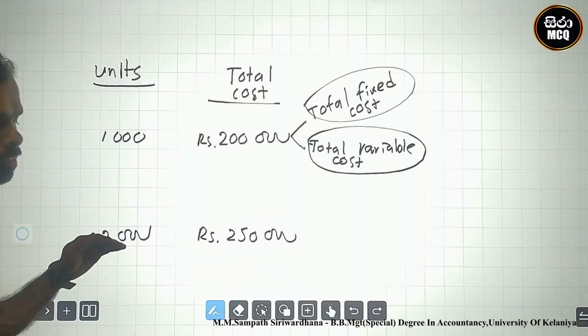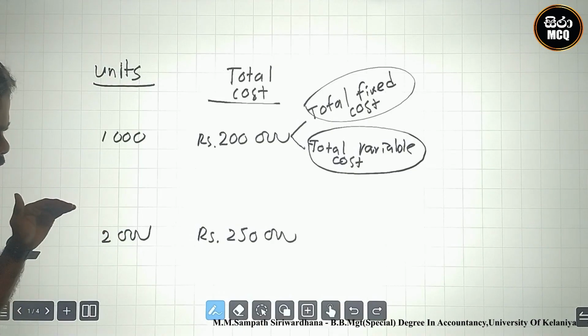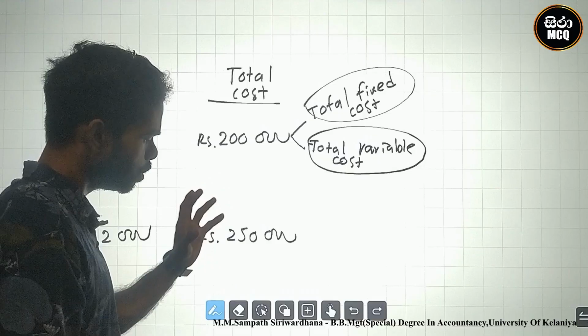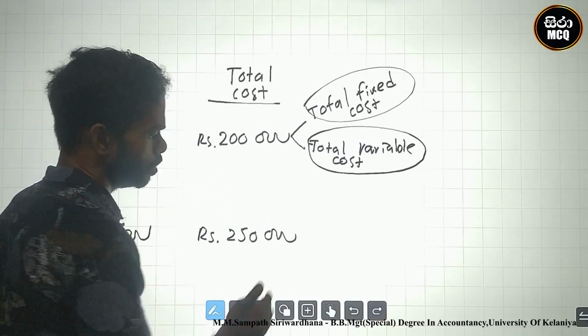At the 2000 level, rupees 250,000, 2000 production units are produced. At this time, total cost is 250,000.